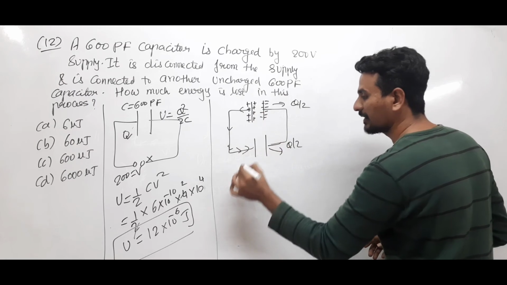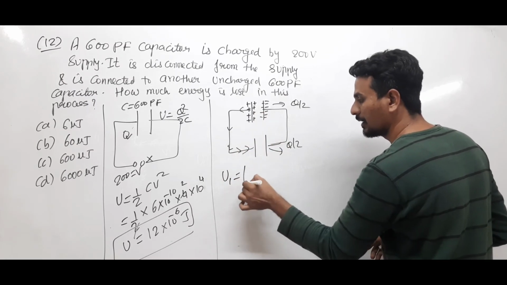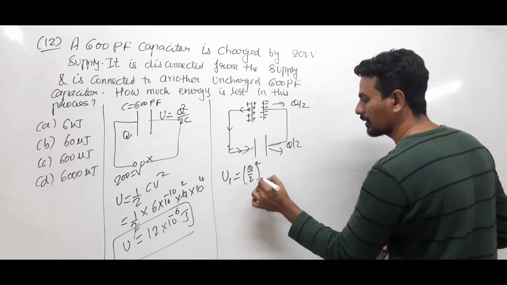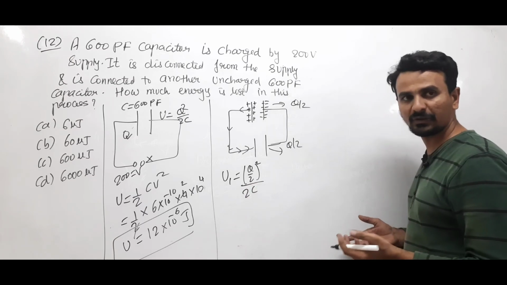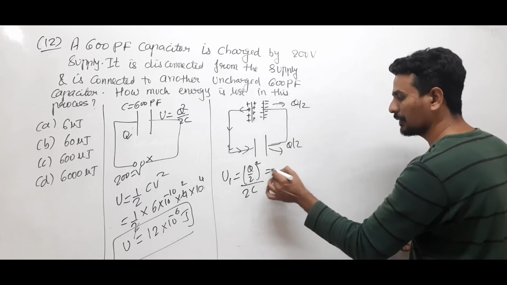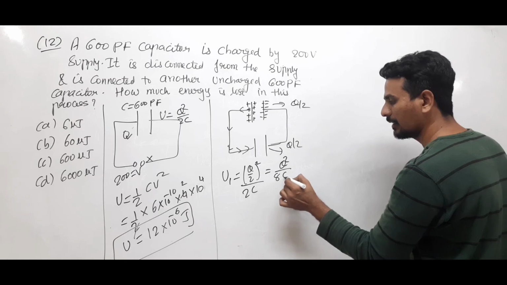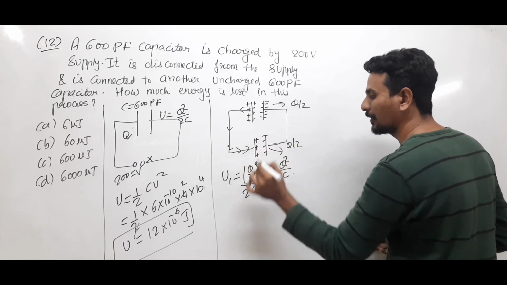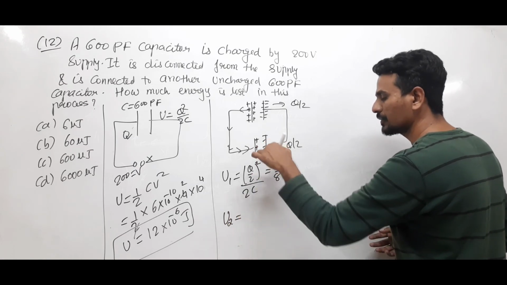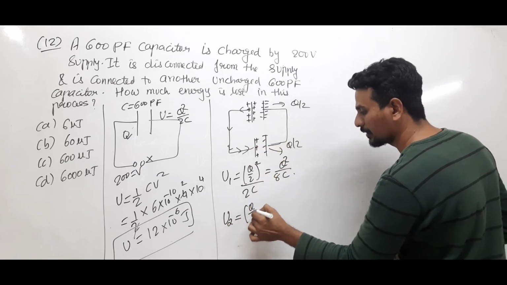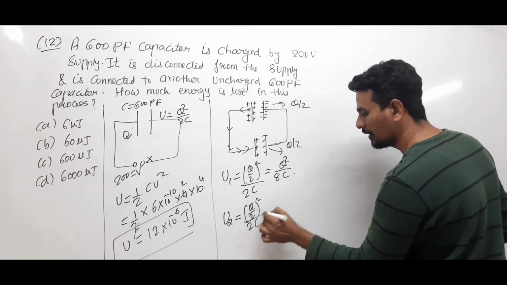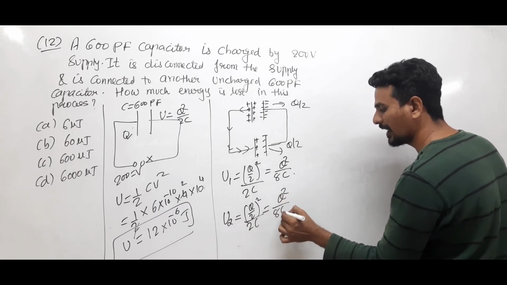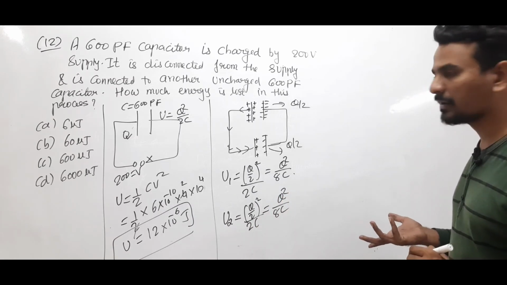Now energy stored on this capacitor will be Q by 2 the whole square upon 2C, so this will be Q square by 8C. Similarly, this will also have charge Q by 2, so its energy will be Q square by 8C, right?